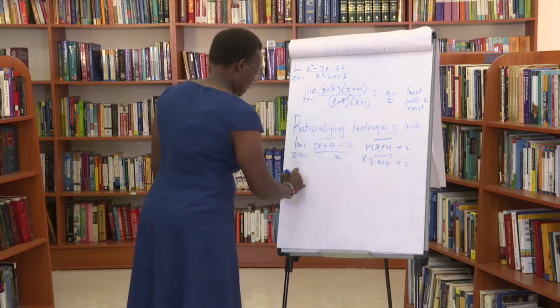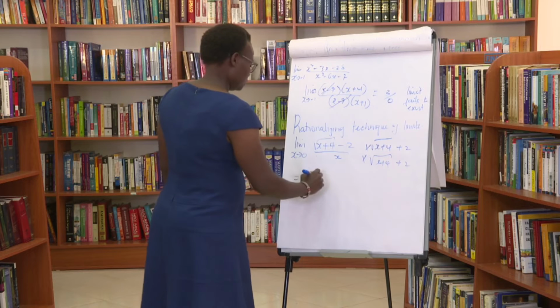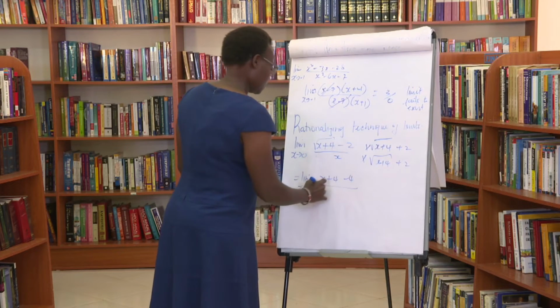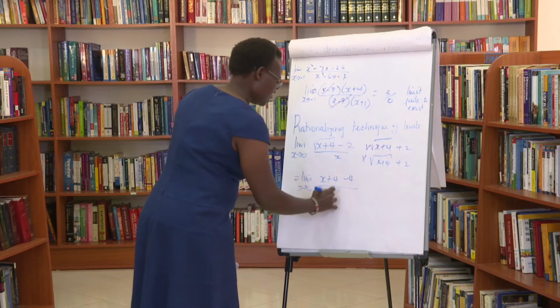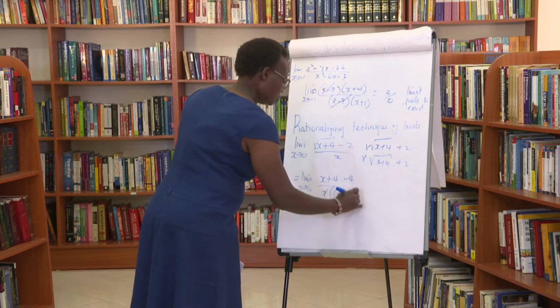So this will give us the limit as x tends towards 0. That would give us x plus 4, and then minus 4, and then this will give us x into root of x plus 4 plus 2.